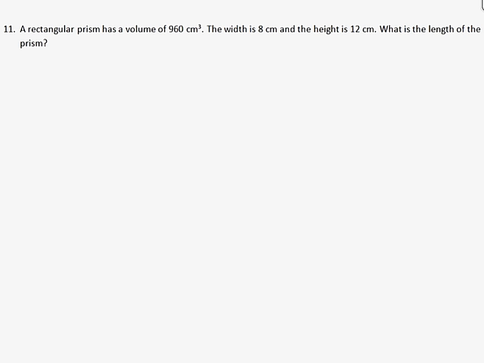All right, next couple, we're going to work backwards in order to find some missing measurements. So start with your formula. Volume is area of the base multiplied by height of the prism. It tells us the volume is 960 centimeters cubed. So I'm going to plug in 960 underneath volume.